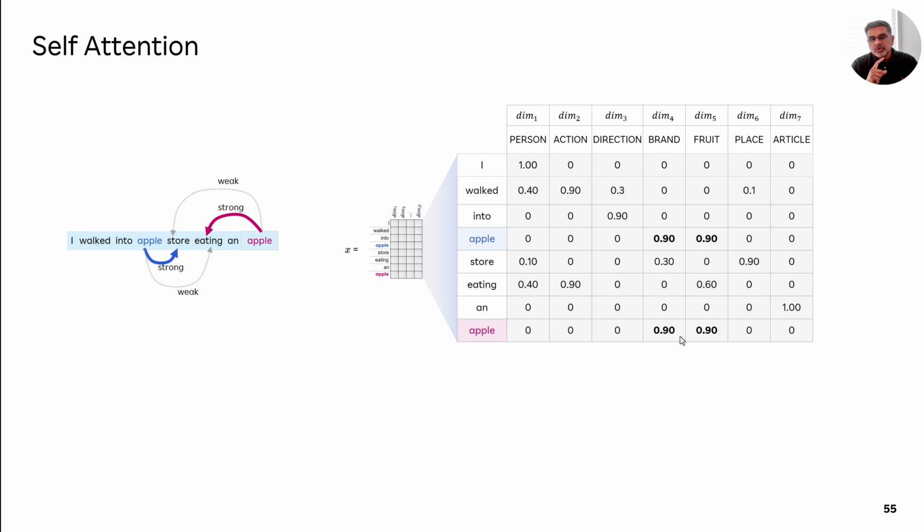Now, what we want to do with self-attention is for the first occurrence of the word Apple, the value for the fruit dimension goes down significantly while it retains most of the value for the brand. Whereas in the second occurrence of the word Apple, the value for brand goes down significantly while it retains a significant portion of the fruit dimension value.